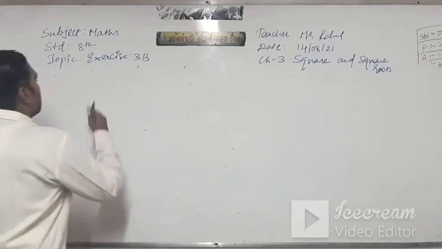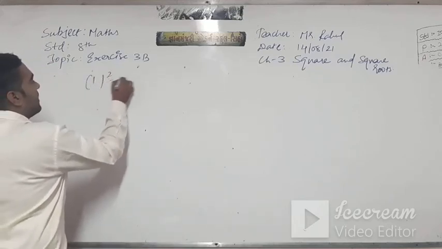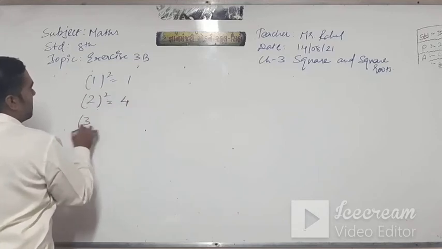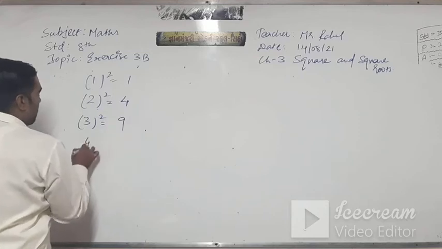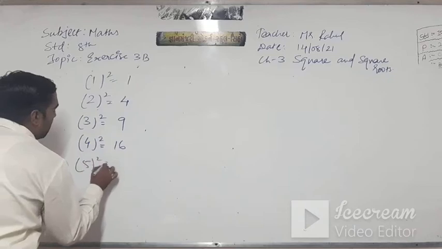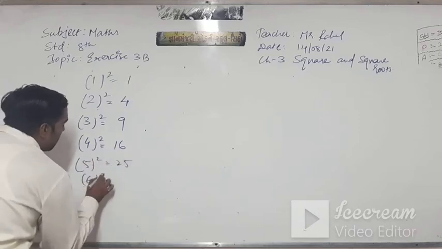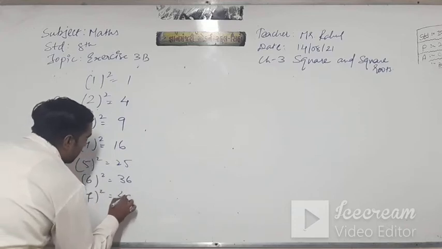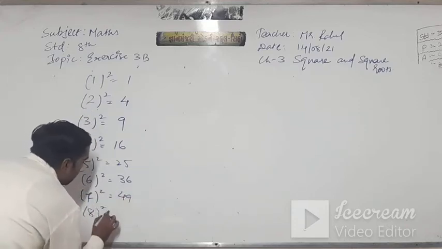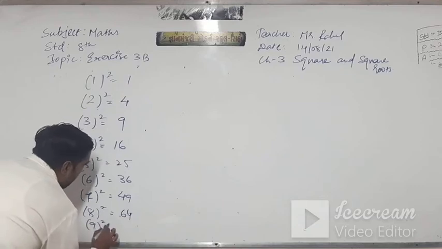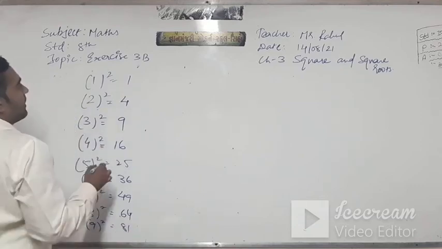We know that 1 square is 1, 2 square is 4, 3 square is 9, 4 square is 16, 5 square is 25, 6 square is 36, 7 square is 49, 8 square is 64, 9 square is 81.